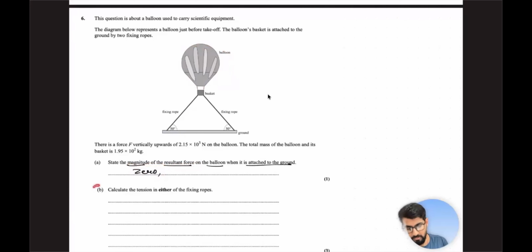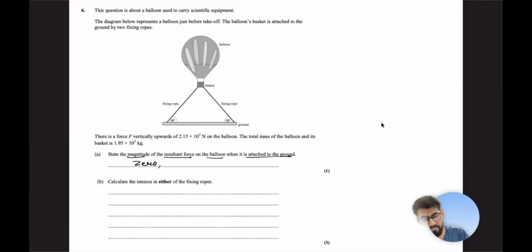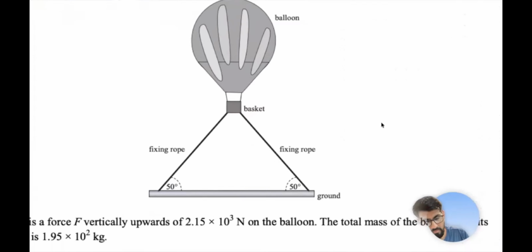Now the most important part is B. Try to solve for B. So step one, I'm drawing the free body diagram on the balloon itself. I assume that this angle is 40 degrees. Let us say that this is T2, and let us say this is T1.